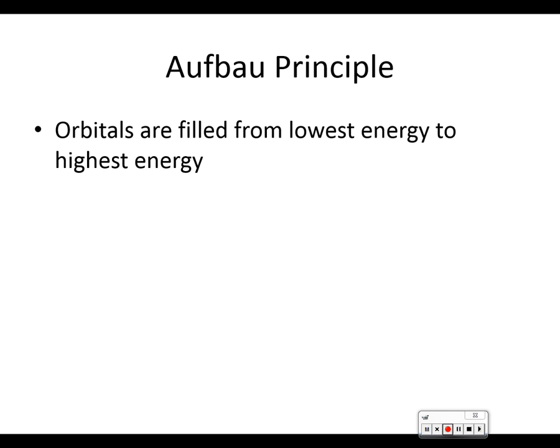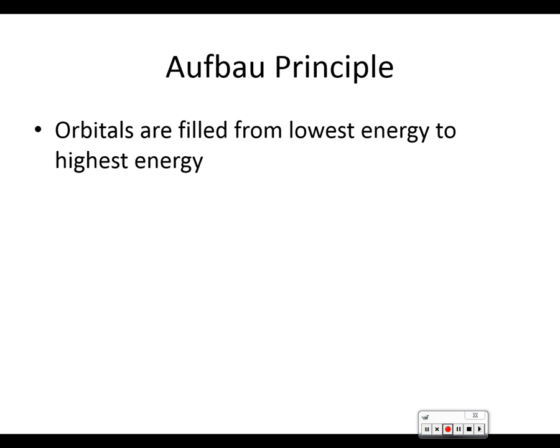Same thing is true with these electrons. Based on this information, hopefully you can make an educated guess about which orbitals get filled first. Based on what Bohr said and what Schrödinger said and the idea of quantization, which orbitals are going to get filled up first?